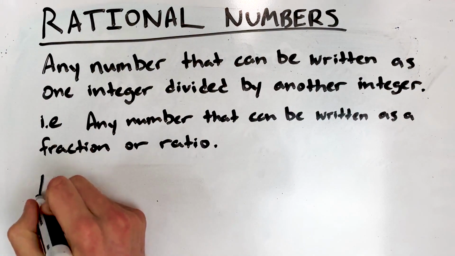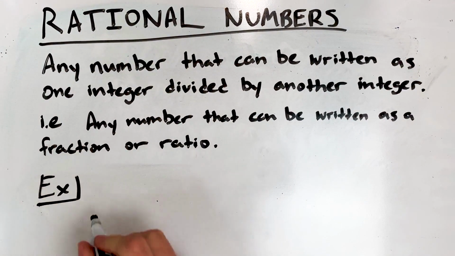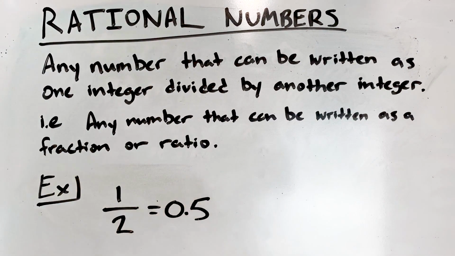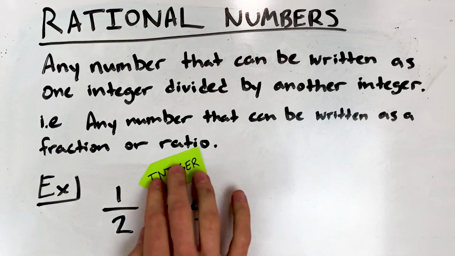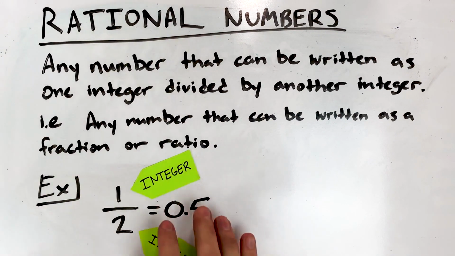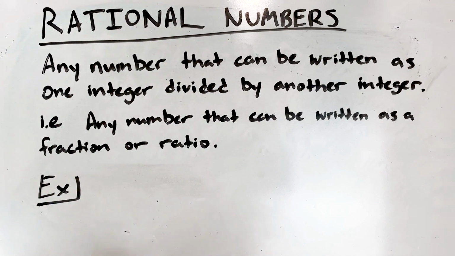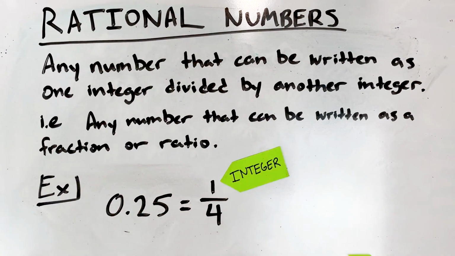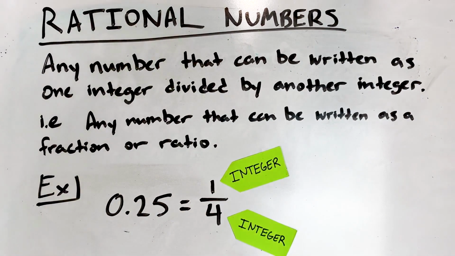So for example, we have 1/2, which we can convert to decimal notation to be 0.5. Notice 1 and 2 are integers, so 1/2 is the ratio of two integers and therefore is a rational number. Or we could have 0.25, which equals 1/4 in fractional notation. Once again, 1 and 4 are integers, so 0.25, which equals 1/4, is a rational number.